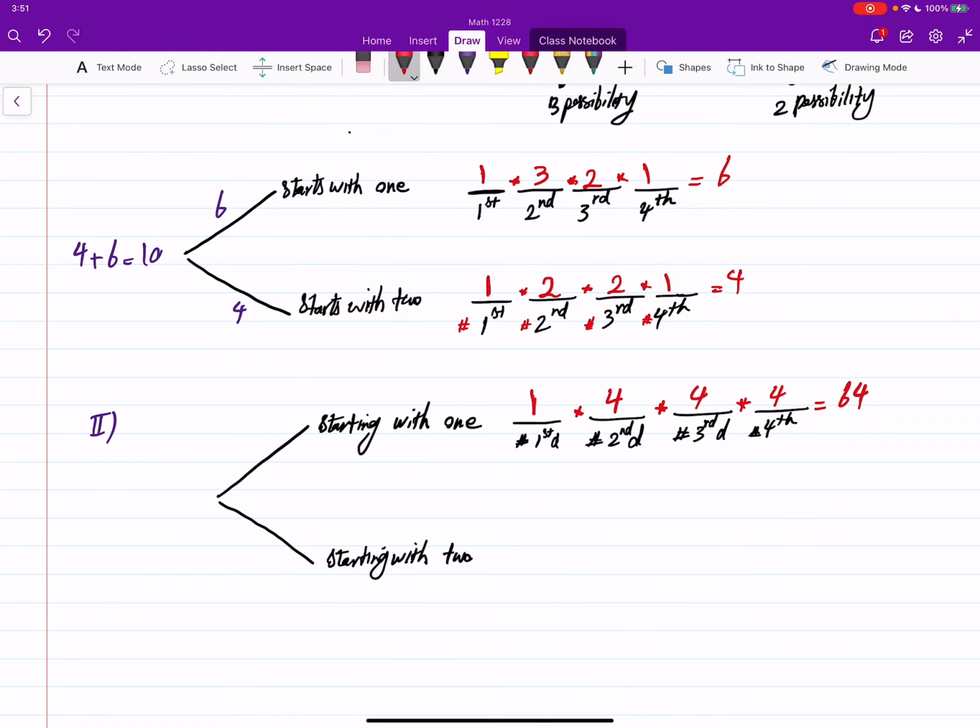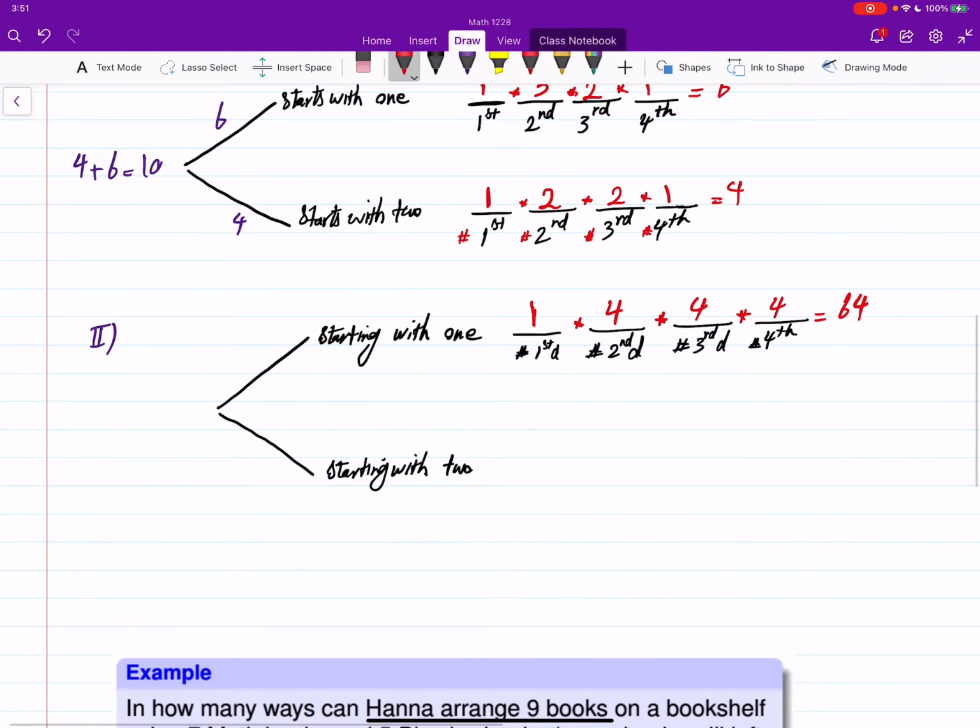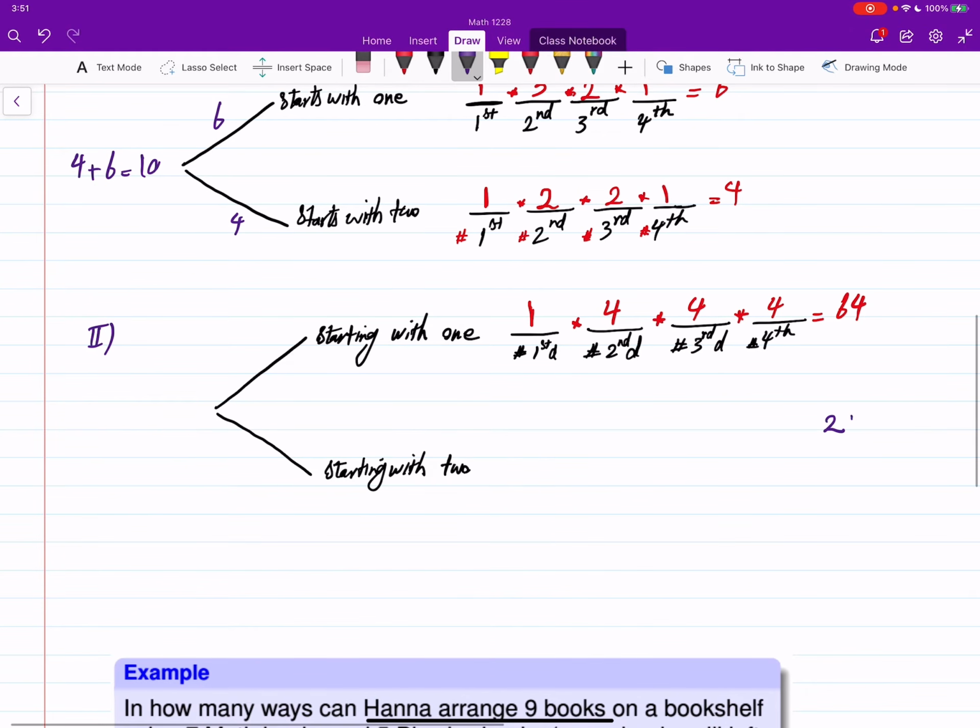Now let's go down and consider the cases that start with 2. If we have a number that starts with 2, let's just write down a few cases here. I will erase that. So it starts with 2. Then what numbers can I put after that? If I put, for example, 1, then for these two we are allowed to use any number we want.